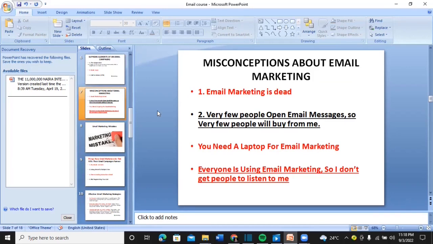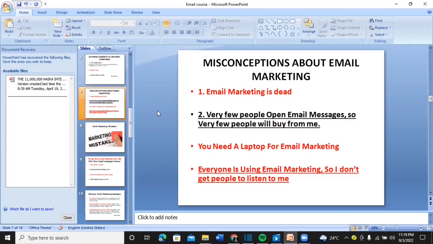And if you implement every one of these steps I'm going to show you here, you are going to get that result. Now again, if you think people don't open their email, why do you think your favorite brand keeps on sending you messages? Why do you think people still request your email address so that they can keep on communicating with you and provide you with value so that you can buy from them when the need arises?